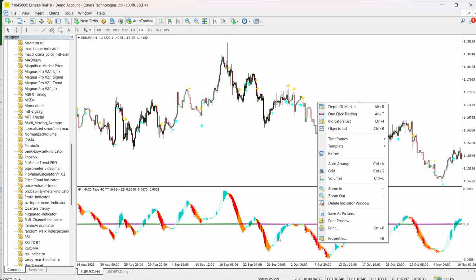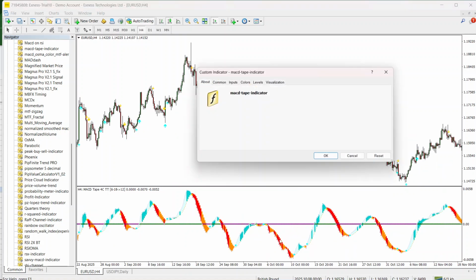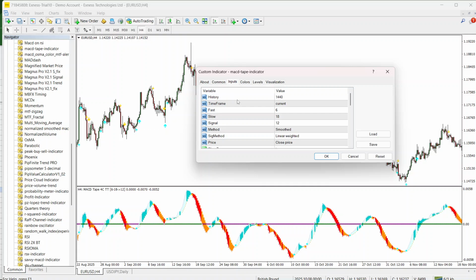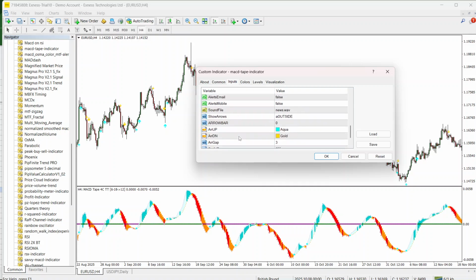What are its settings? We go over to settings. In the input, we can see the history, the standard MACD fast, slow, and signal period parameters, along with options for the tape display such as thickness and alerts for traders.